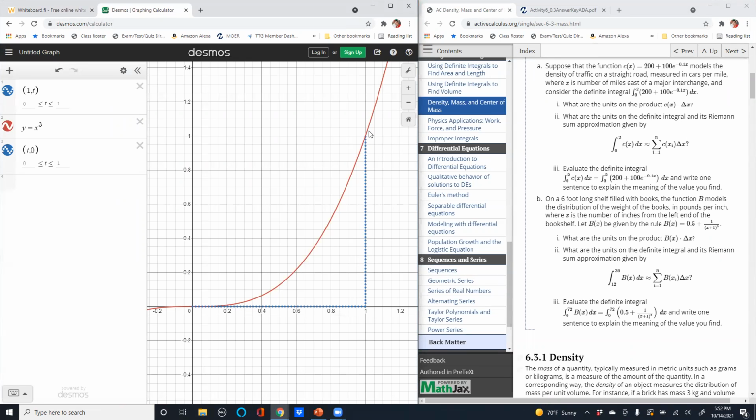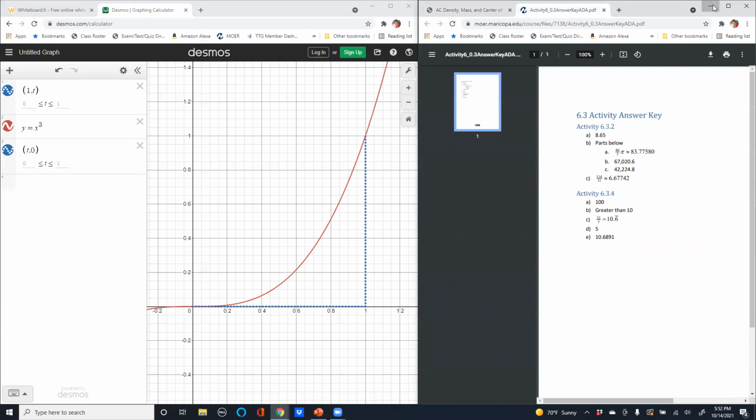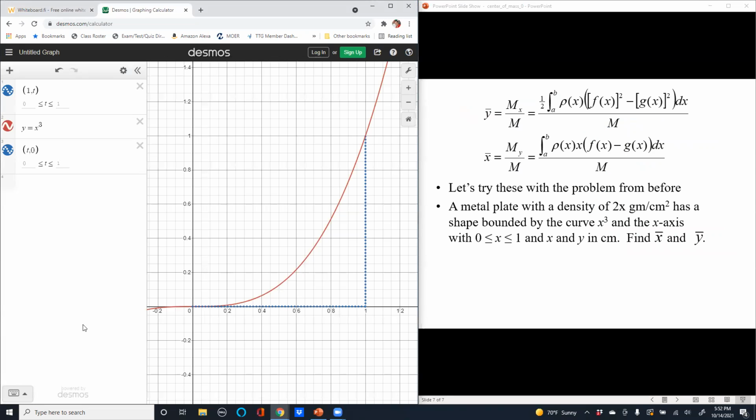So this figure here, this curved triangular figure, is our region. This is x cubed from 0 to 1.